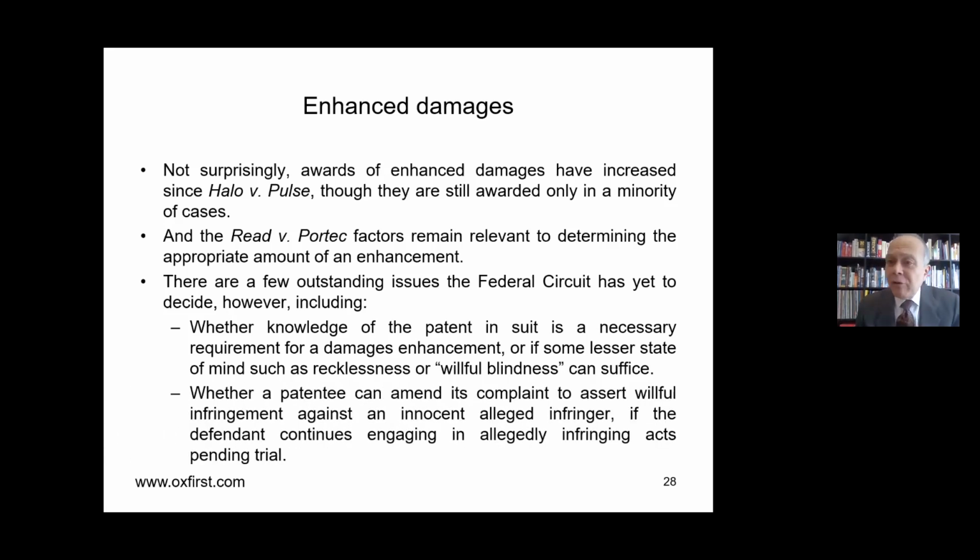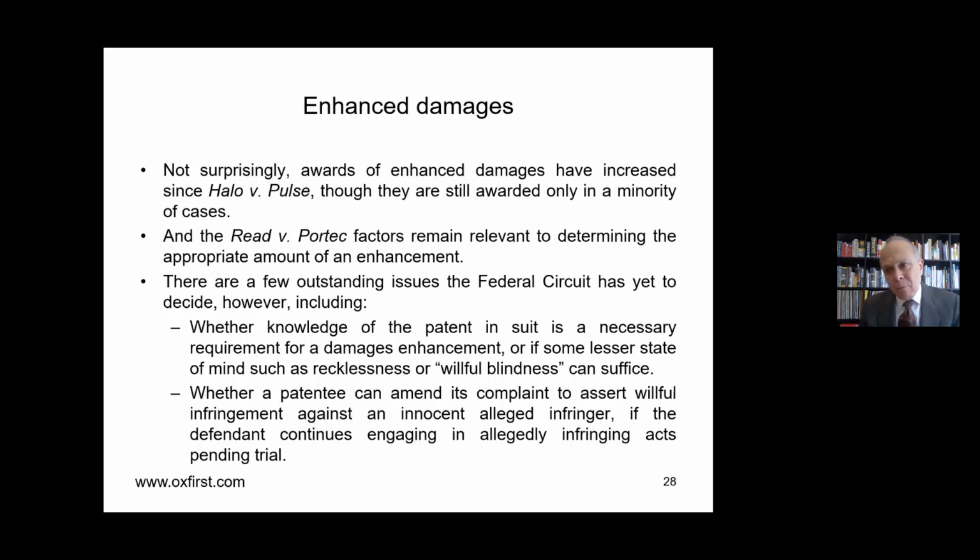Also, sometimes the issue arises whether we should focus explicitly and exclusively on pre-litigation conduct by the defendant, but what if the defendant continues to infringe, allegedly, after the filing of the complaint? Could that provide a basis for a finding of willful infringement?